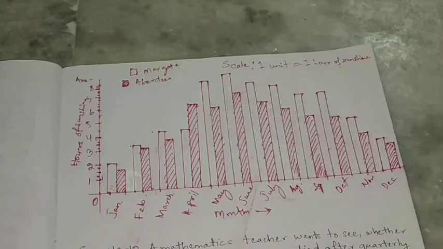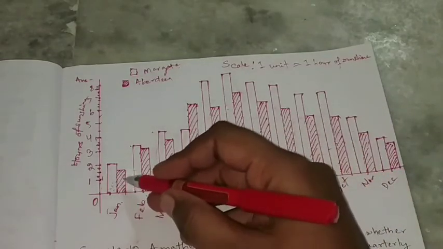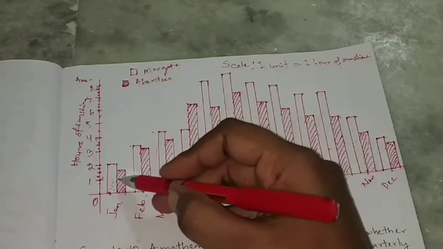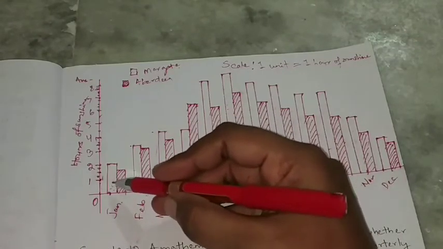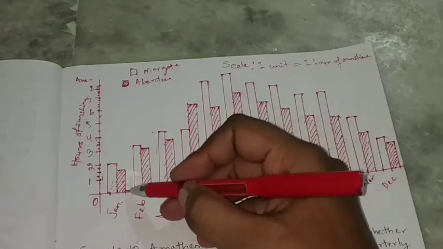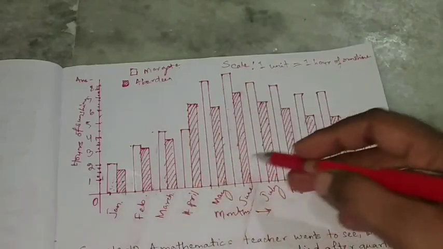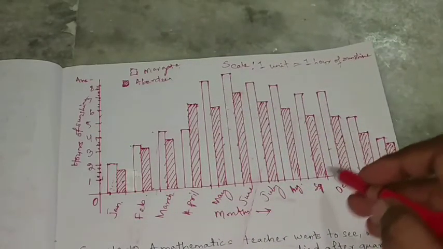Like this you can make the double bar graph. So in double bar graph, what you are making? 2 bars in a pair, and those 2 bars are attached to each other, and between each pair of bars there is equal gap.